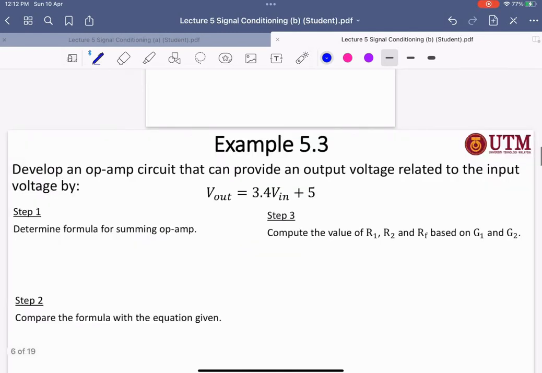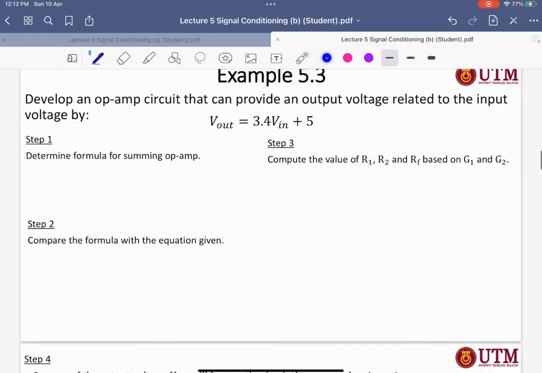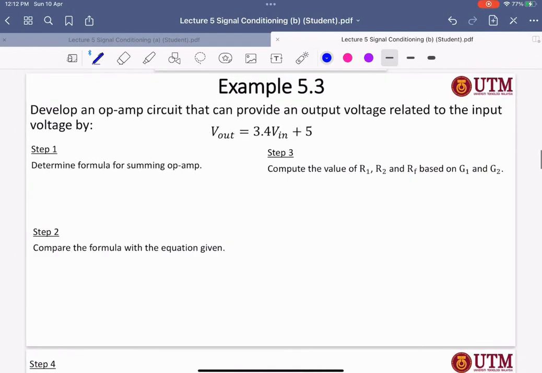Develop an op-amp circuit that can provide an output voltage related to the input voltage by Vout = 3.4 Vin + 5.